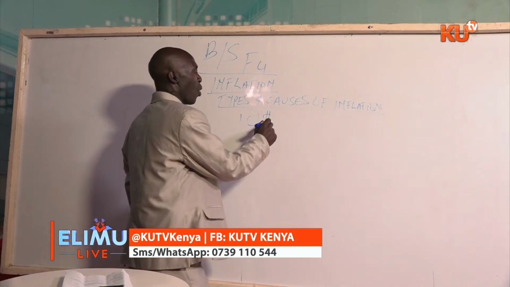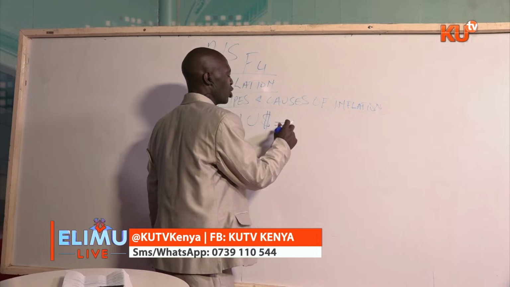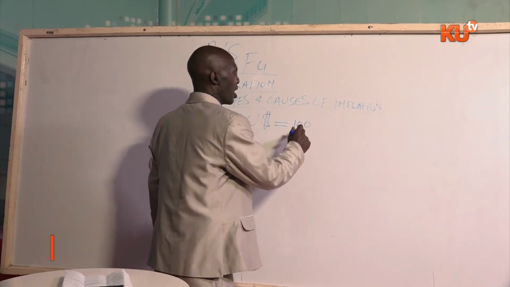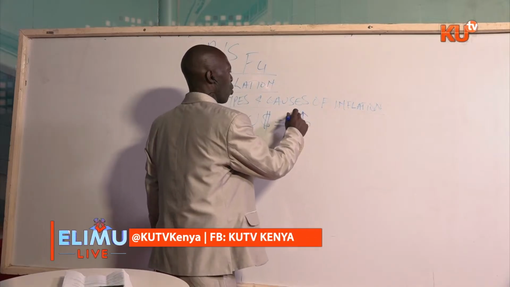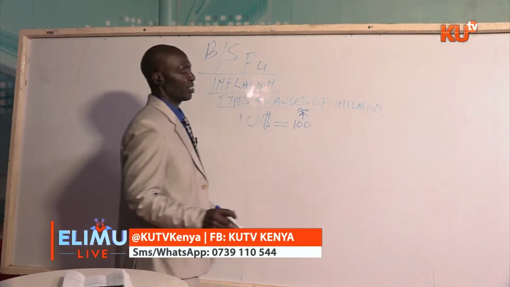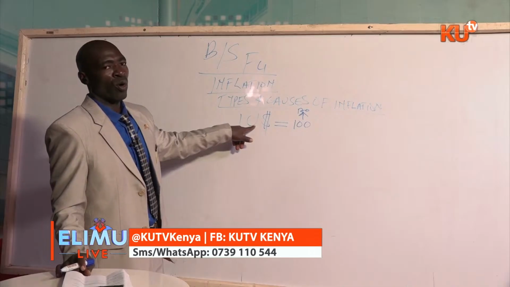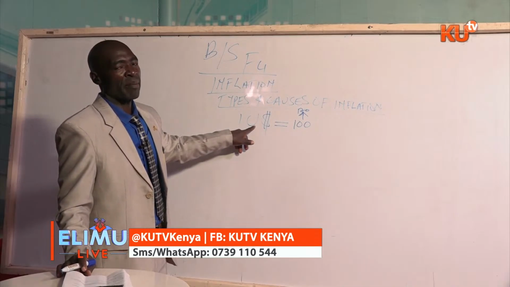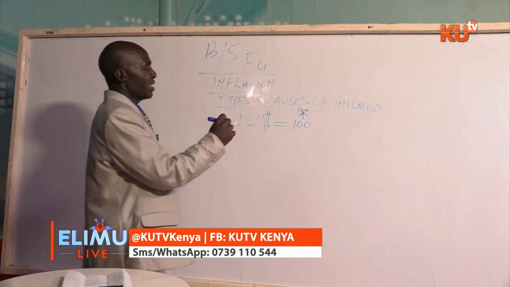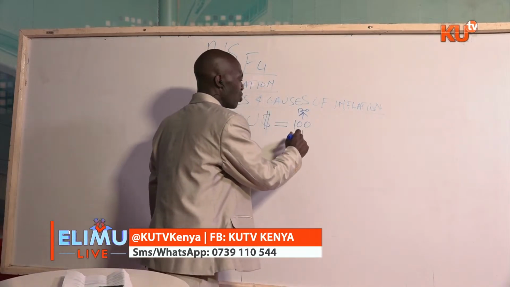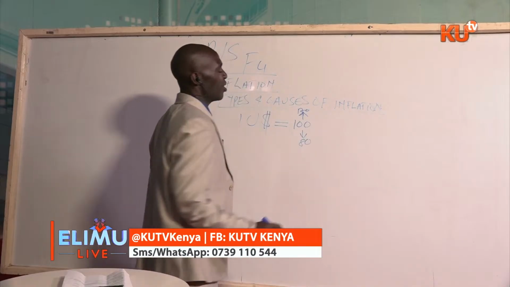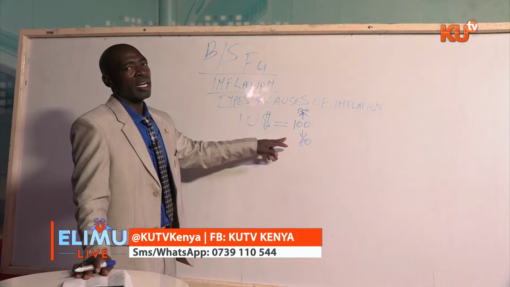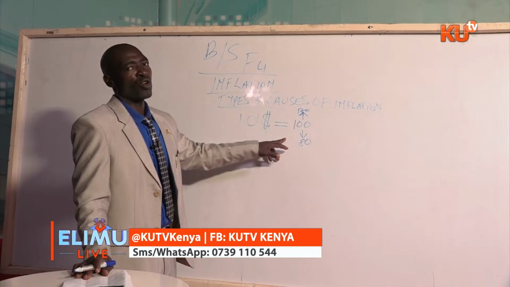So if one US dollar is equivalent to, say, 100 shillings, maybe dropping from 120 shillings, this is a clear indicator that the local currency is gaining strength, is gaining purchasing power. If it drops down to 80 shillings, then the local currency is becoming more powerful. That's a clear indicator that the inflation rate is dropping.